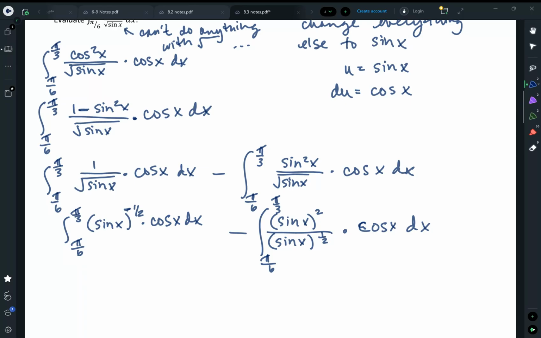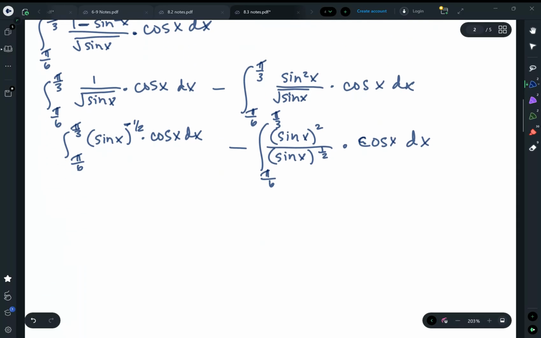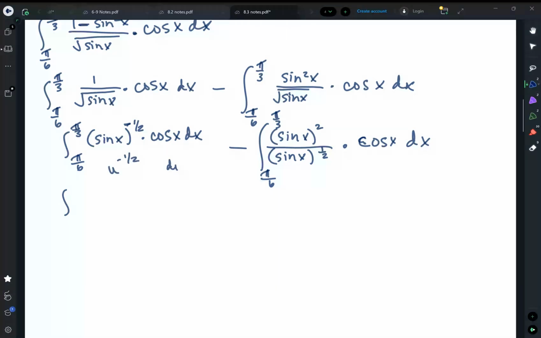Okay, so I like to integrate everything at once. So I'm just going to rewrite my first one because this one's really all set. It's really like a u to the negative 1/2 power, and here's my du. I don't really want to make a u substitution here because I've got these bounds and I don't think I really want to convert them to u's, so I'm going to leave them that way. They might be easy to convert. They might not be.